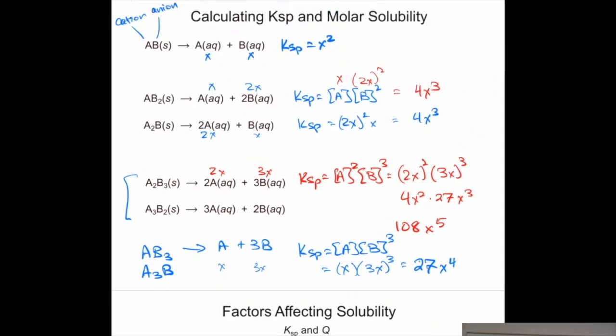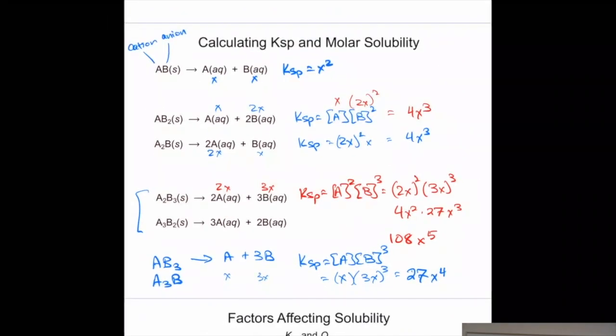I believe these are the only combinations for solving for Ksp that we have, because it's all based on this principle, and these are the only kinds of ionic compounds that we're dealing with.